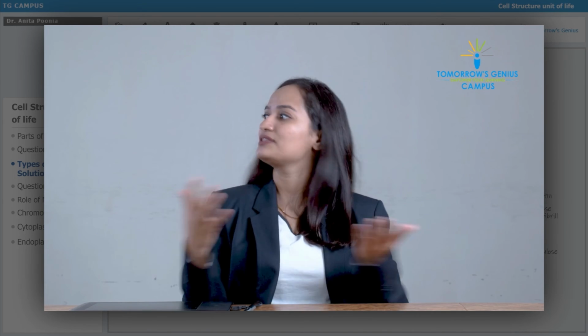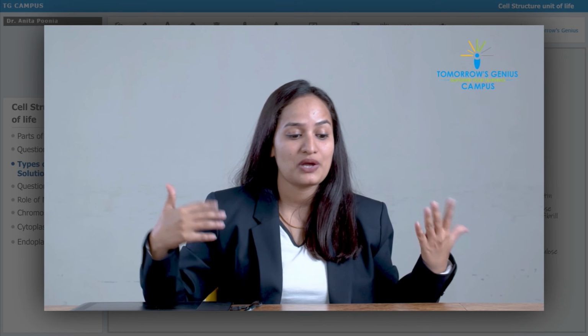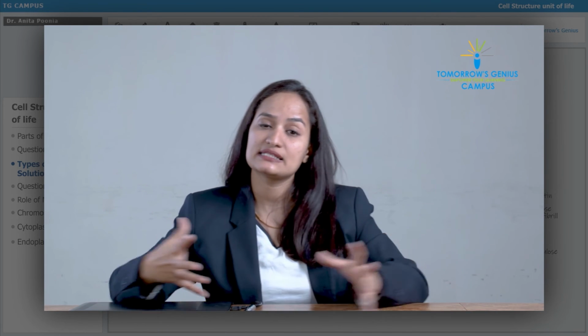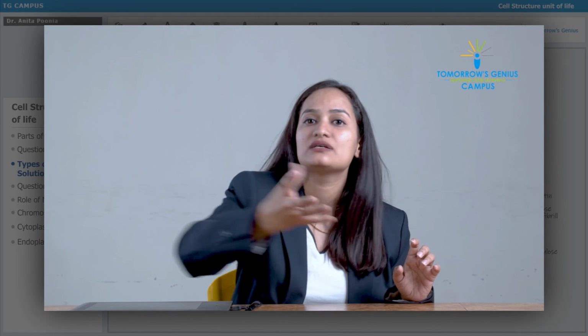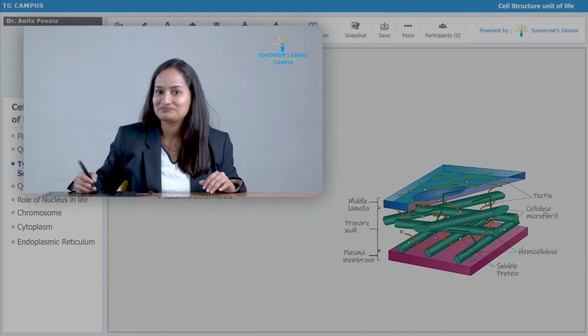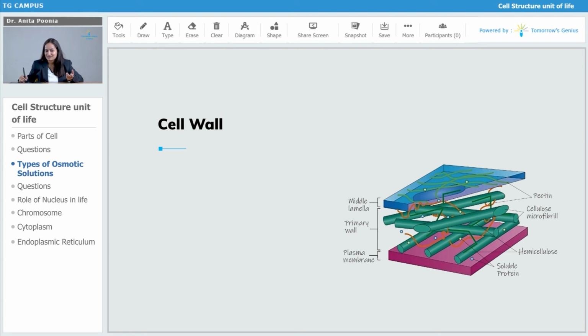Communicate in what sense? Are they gossiping? No, they are not gossiping. Communicate with respect to giving some nutrient, or taking in something, or passing on messages, all that kind of communication. So the cell wall possesses small pores through which adjacent cells communicate, and that is called plasmodesmata.